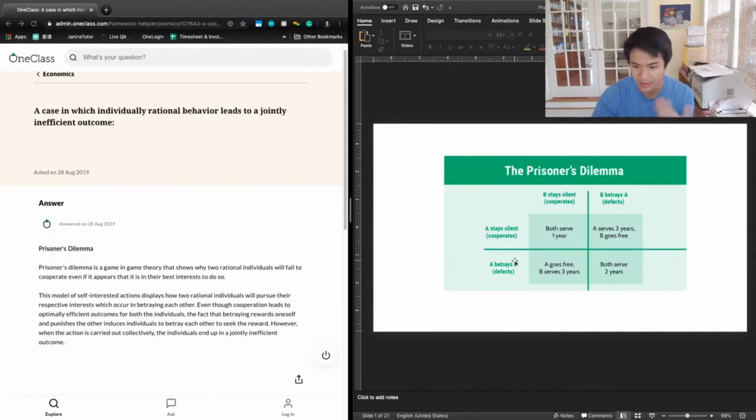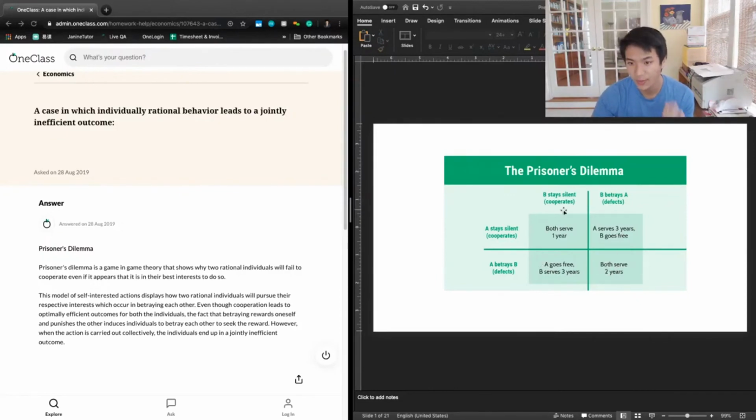Now, assuming that person B is going to defect no matter what, the choice is pretty easy for A as well. A's best bet is still to betray B, because A would serve 2 years instead of 3 years.